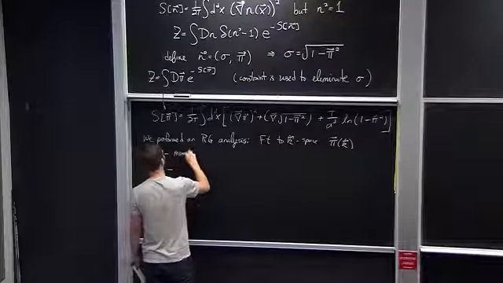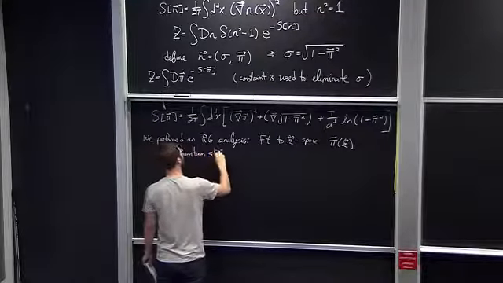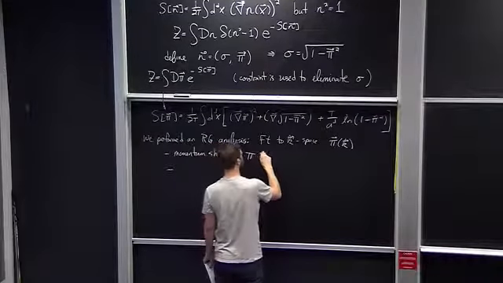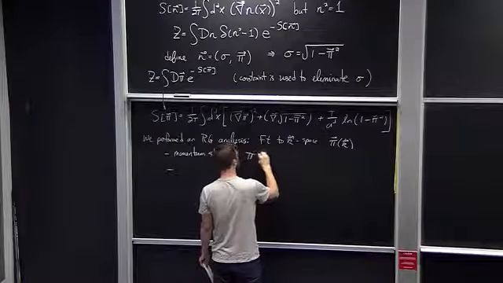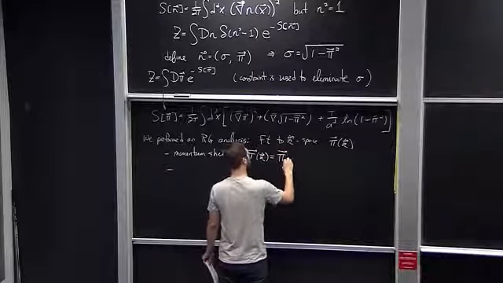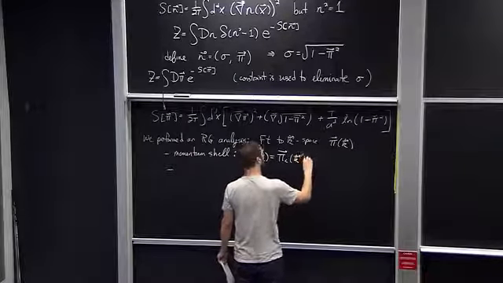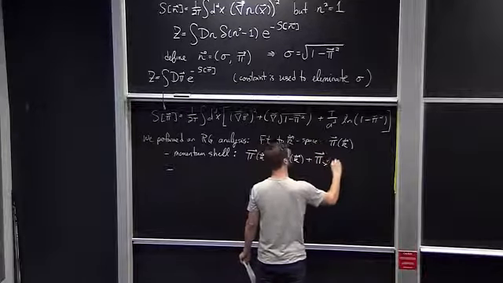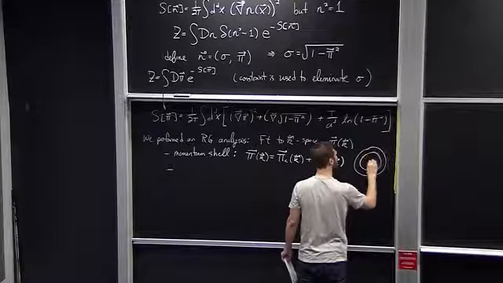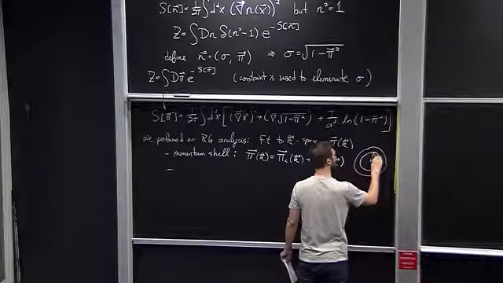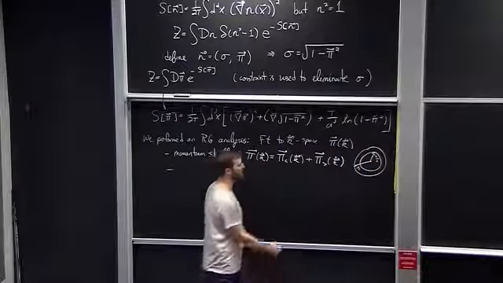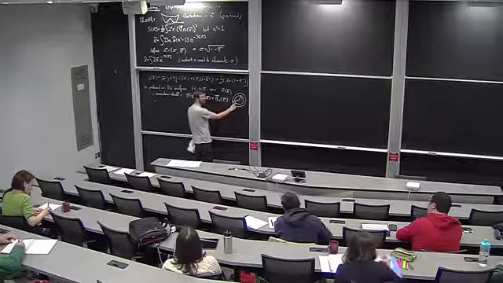We have slow and fast modes, right? And we integrate over the fast modes which occur in this shell.